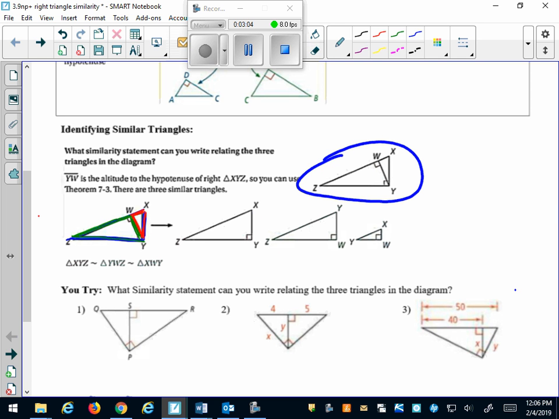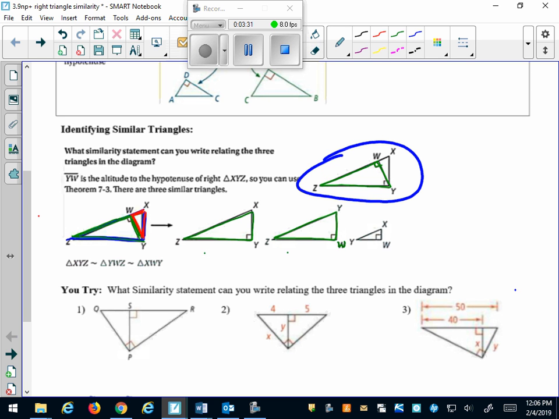If you take the approach of redrawing, then you have to take into account what angle they share, right? So, for example, we take this original biggest triangle, and Y is the right angle, right? We're going to draw this next triangle, and we can see the medium triangle, W is the right angle.